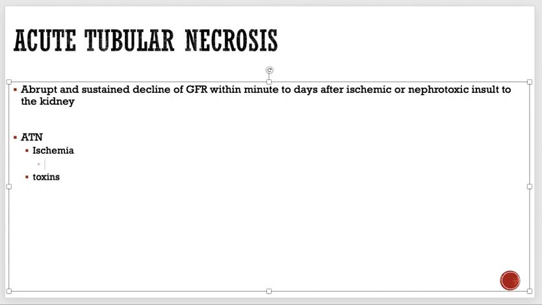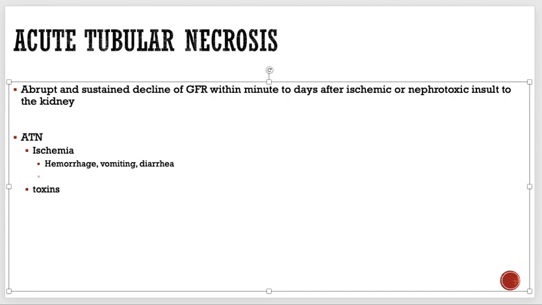So see, whenever it is ischemia, what can be the causes? Hemorrhage can be there, right? Or vomiting can be there. Diarrhea can be there. All of these things can lead to decreased blood pressure or decreased blood supply to the kidneys, right?